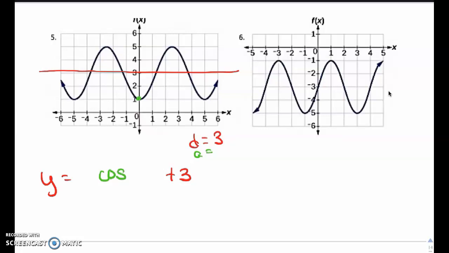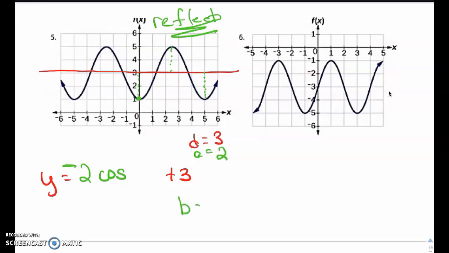Well, it looks like I am at a distance of 2 above and below that midline. So I know the amplitude must be 2. However, we have a reflection going on if we're starting down below that midline. So therefore I know it has to be -2.